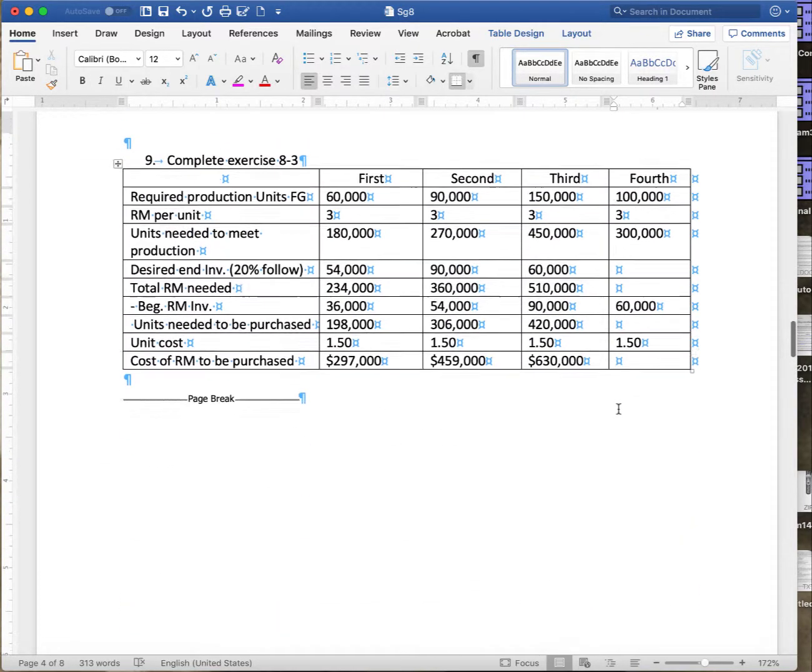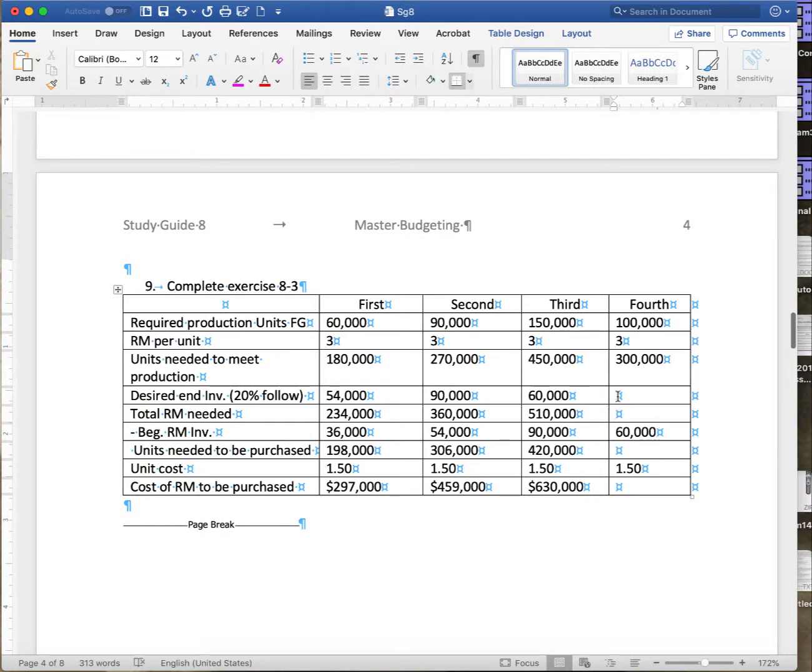Oh, sorry. I need to figure out what my desired ending inventory is. Well, it needs to be 20% of the first quarter of year 3. If you look at the book, it says the budgeted production in the first quarter of year 3 is 70,000 bottles.